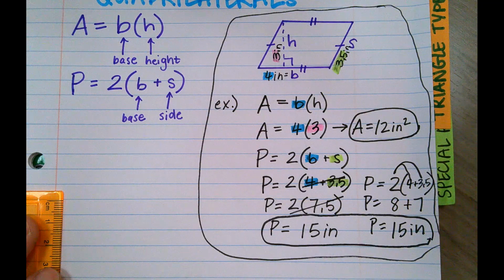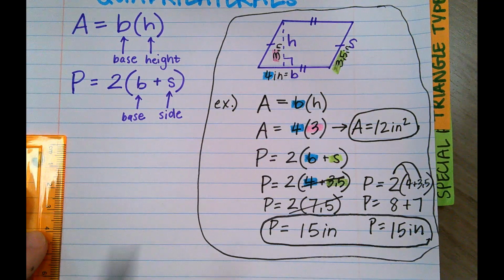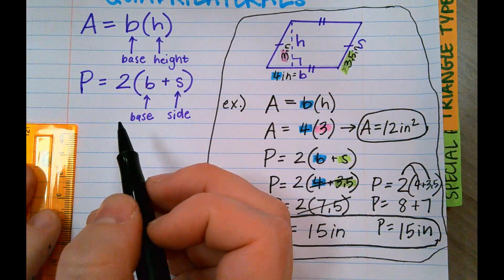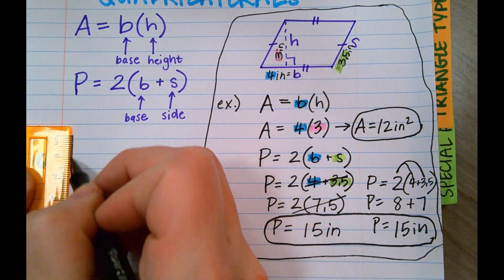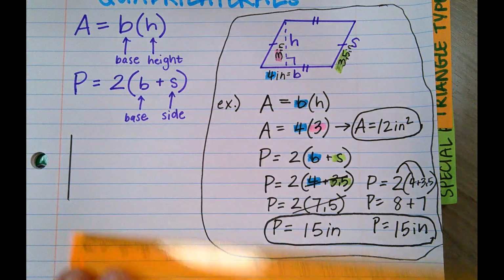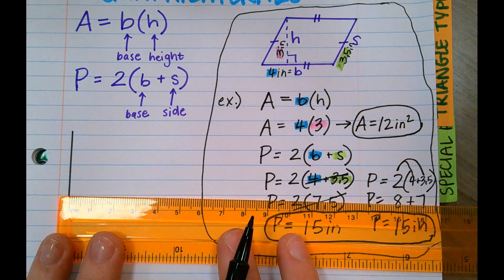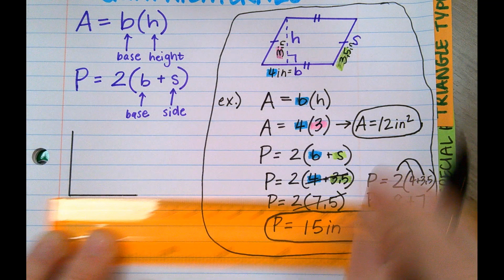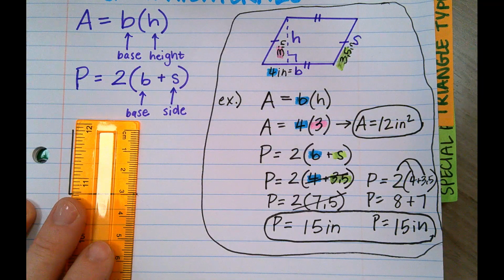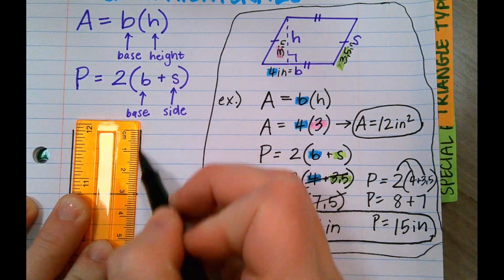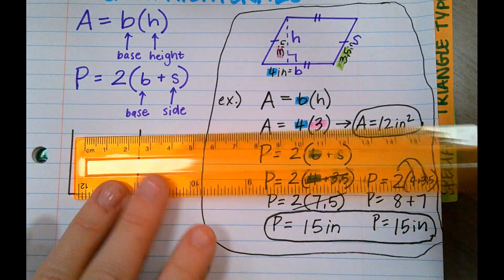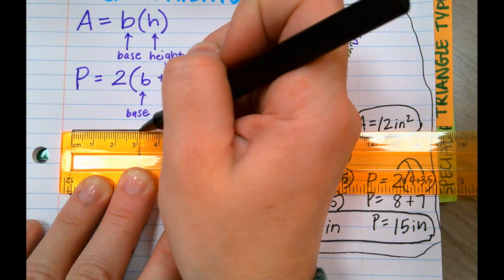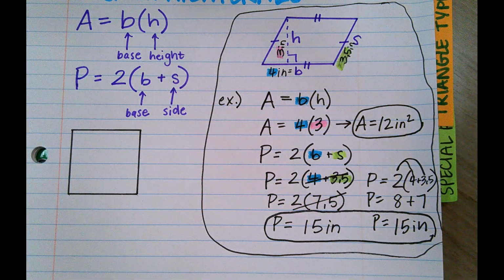But if they don't give you an apothem, you need to use these. So let me draw a square. I'm gonna do 3 centimeters for my sides.